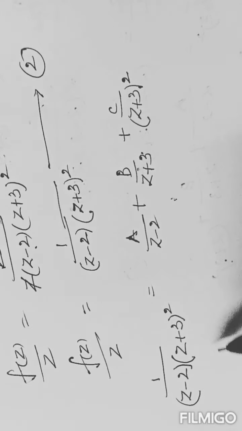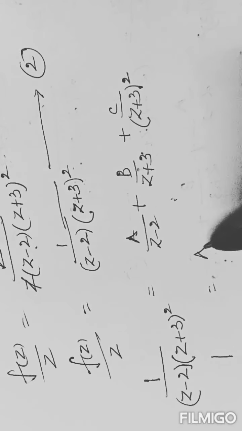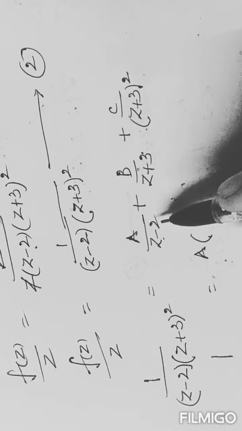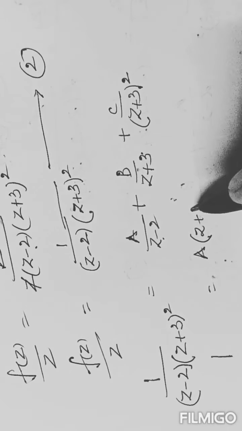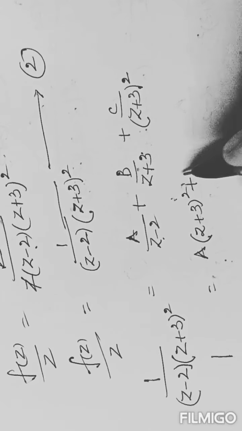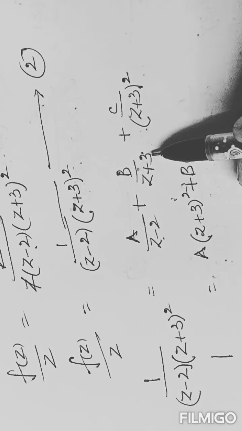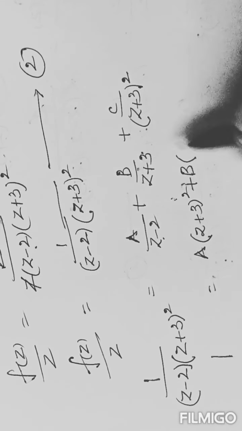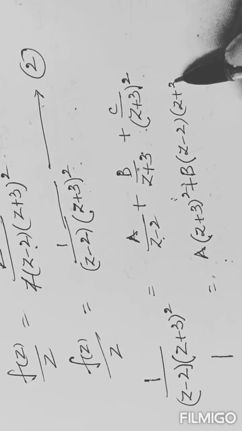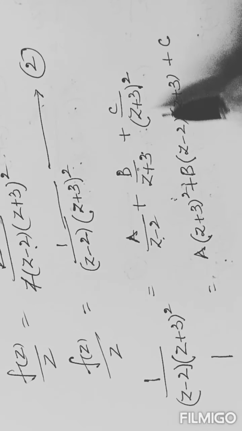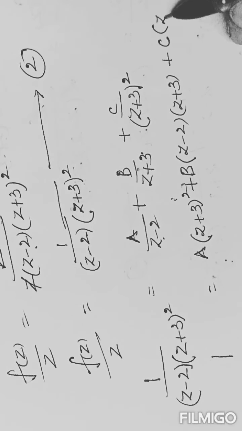To find a, b, c, write the left side numerator as 1, equals a into z plus 3 whole square, plus b into z minus 2 into z plus 3, plus c into z minus 2.